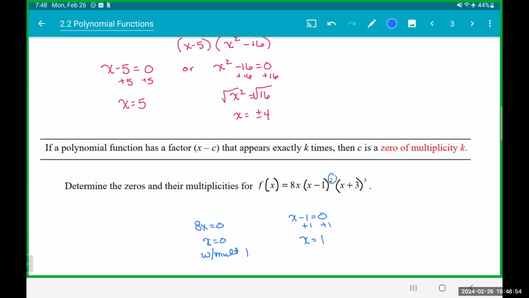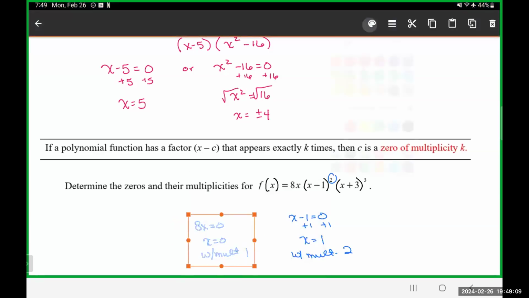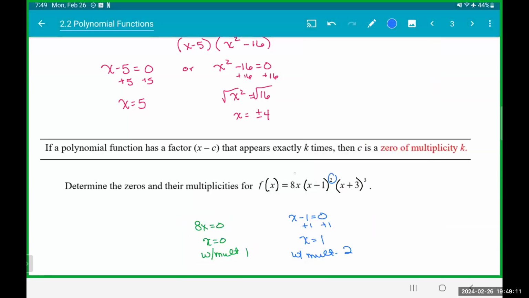But this has an exponent of 2, so that's multiplicity equal to 2. And I'm going to change the color here. Green. If there's not an exponent, it's implied it's a 1, right?